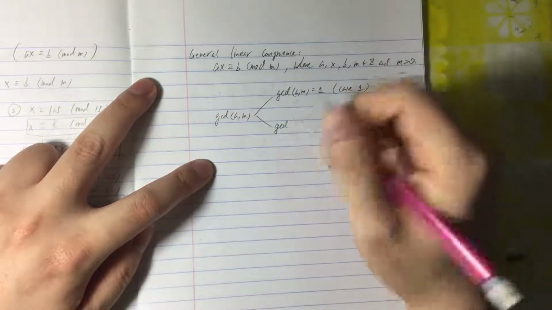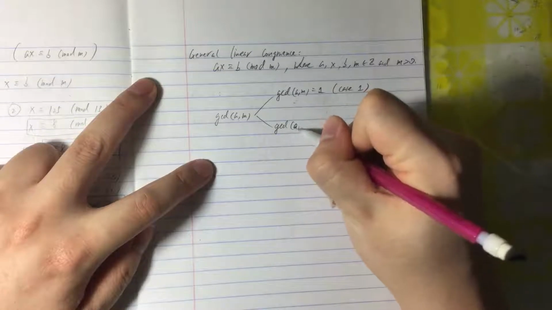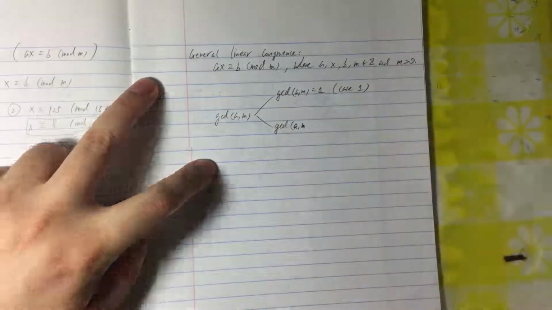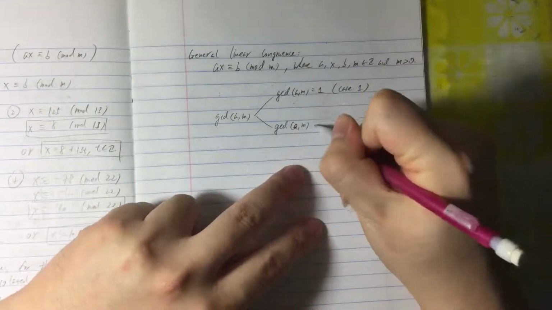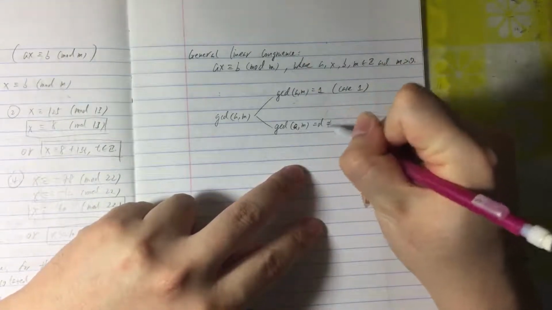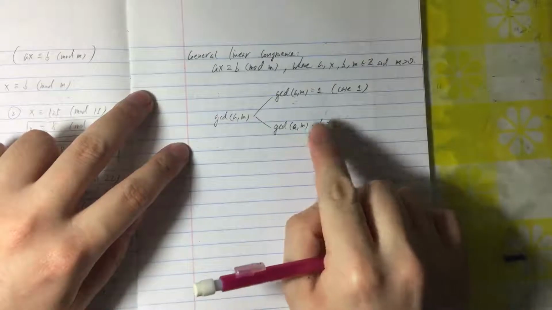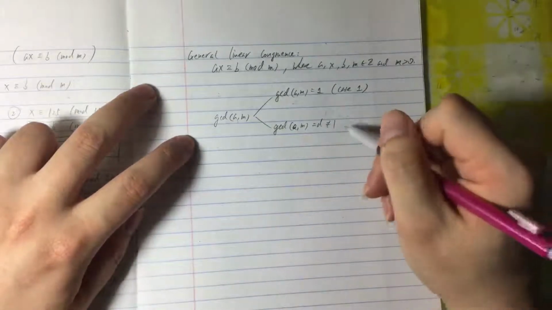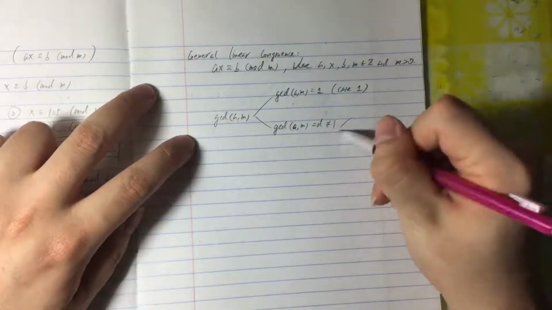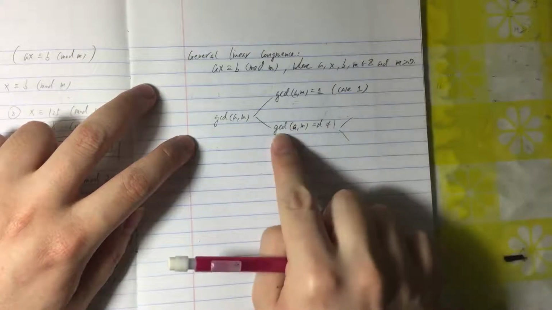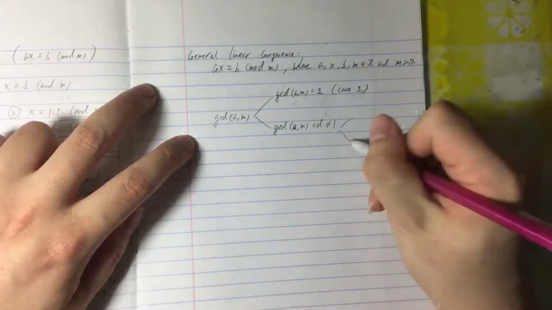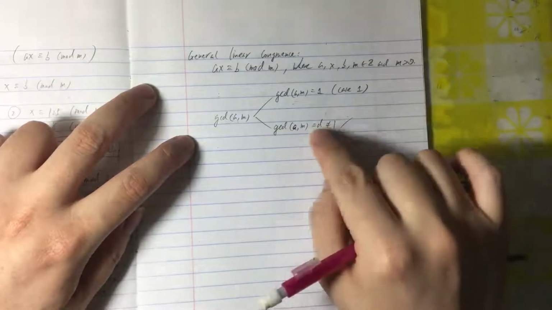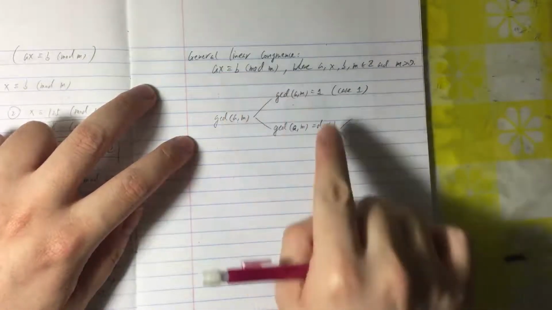Now, if the GCD of A and M is not 1, say it equals D, I divide this into 2 cases.